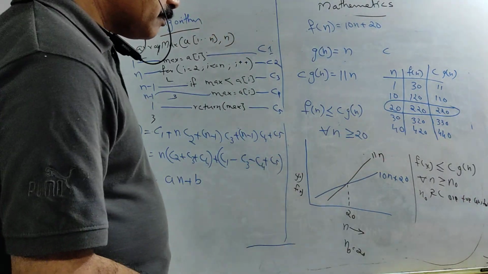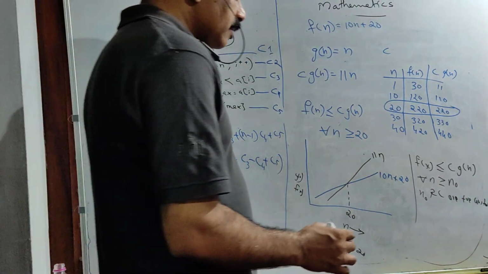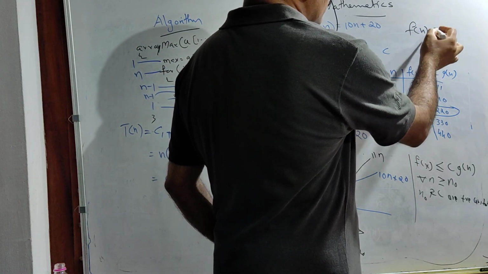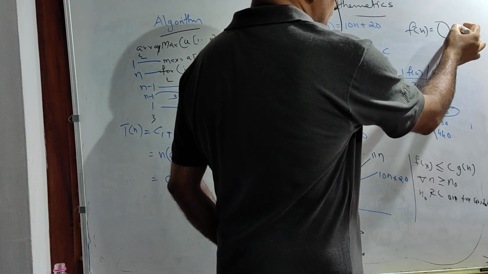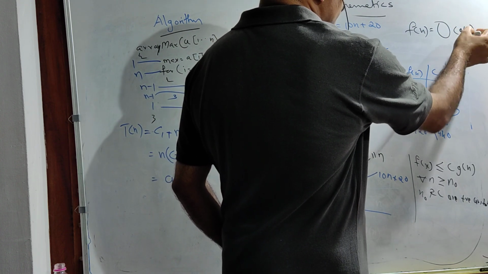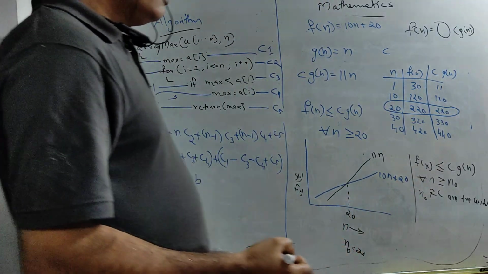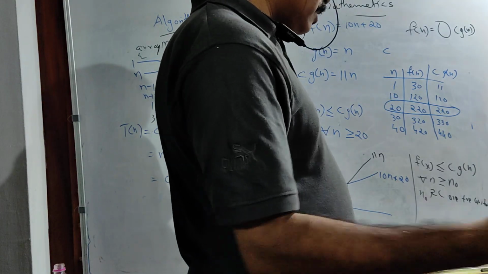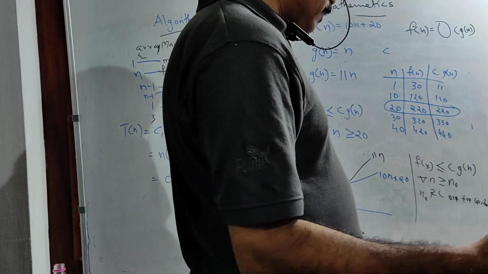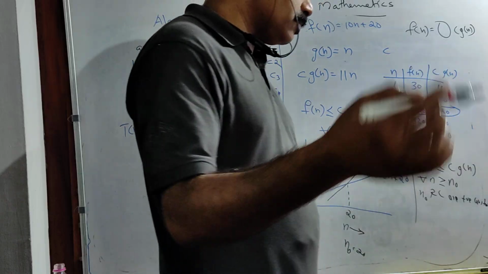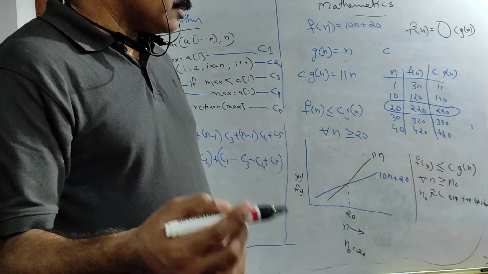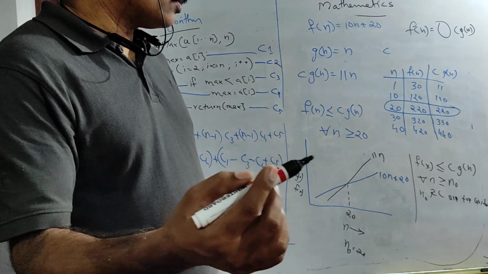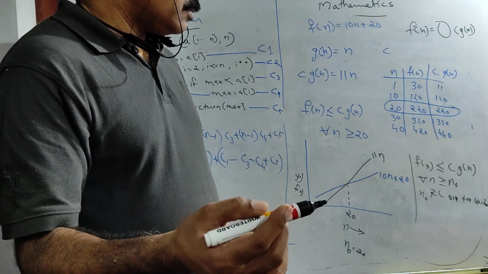If this is satisfied, we can say f of n is of order big O g of n. That is, if there exist some positive constants c and n0 such that f of n is always less than or equal to c into g of n for all n greater than or equal to n0, then we can say f of n is of order g of n.